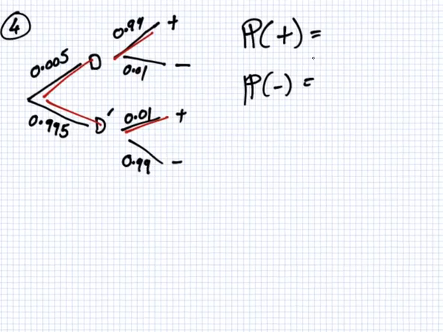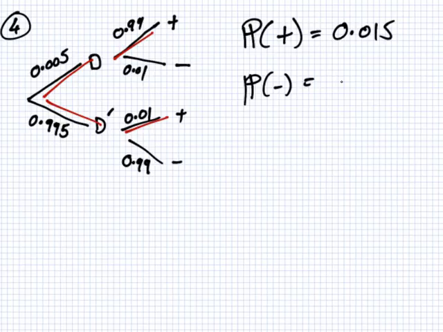Positive result? This one is 0.015. And you've done both this times this plus this times this.